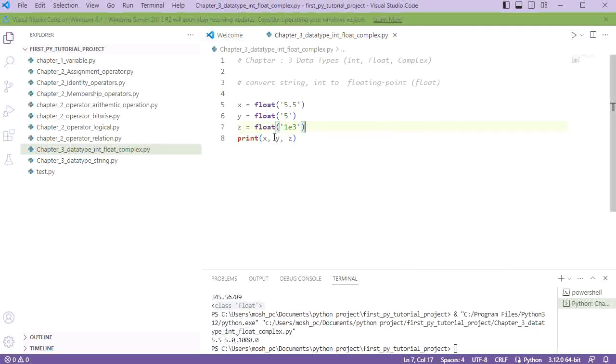As you can see here, we can convert these 3 types of strings to float.